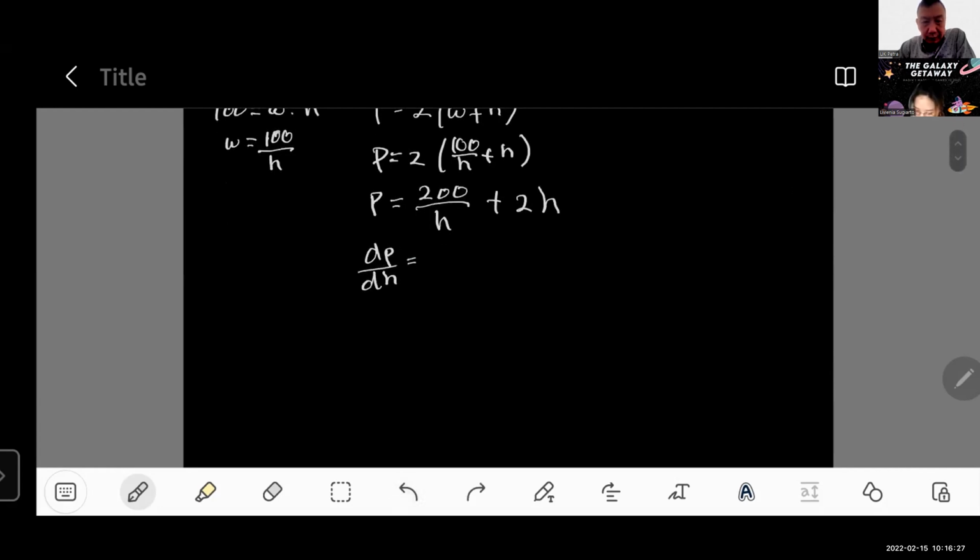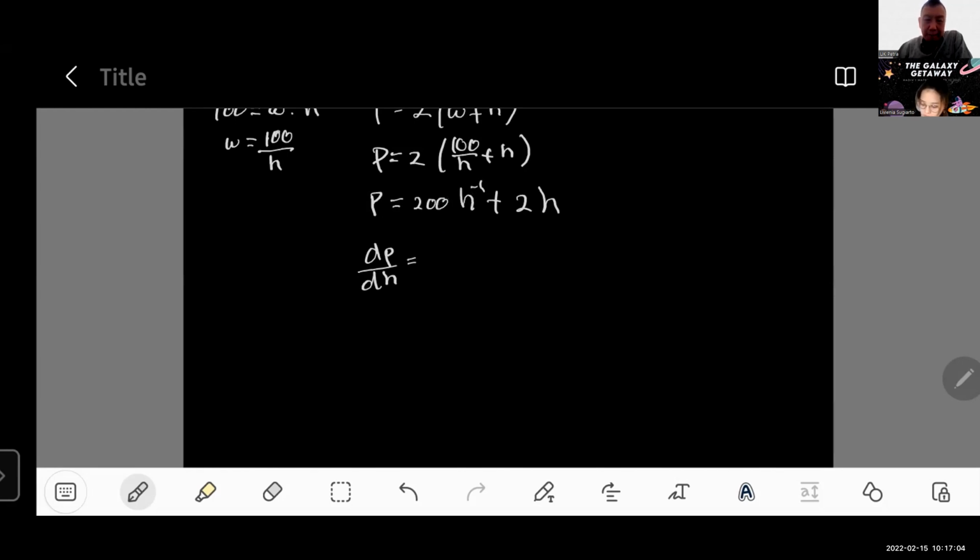And then H, the 100, wait, so should be, that one is equal to, yeah, minus 2, but let me change it to this. 200 times H exponent minus 1.